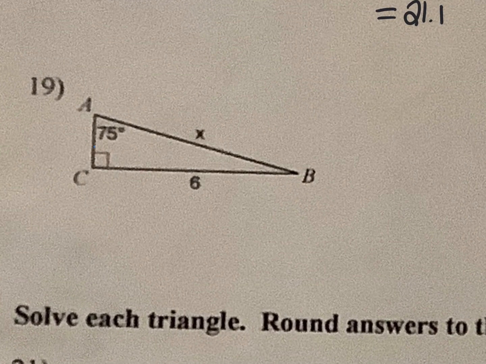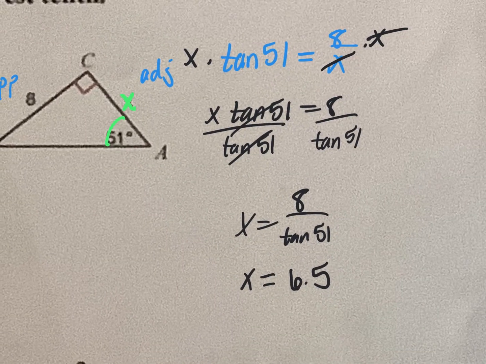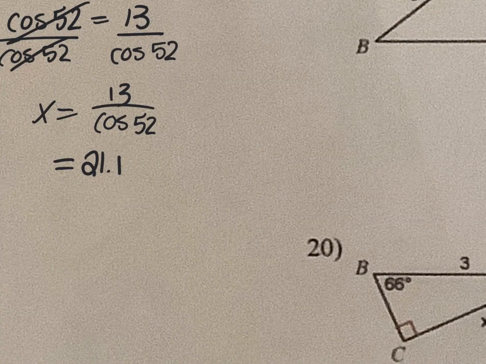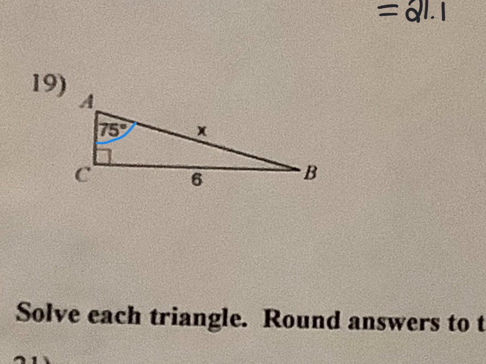All right, so our reference angle is up here at the top. Let me go back to 18 for a quick second. You good? Yes. All right, so that means angle A is our reference angle. So that means this side here is what? Opposite. The side we're looking for is hypotenuse. So that means we're using sine.